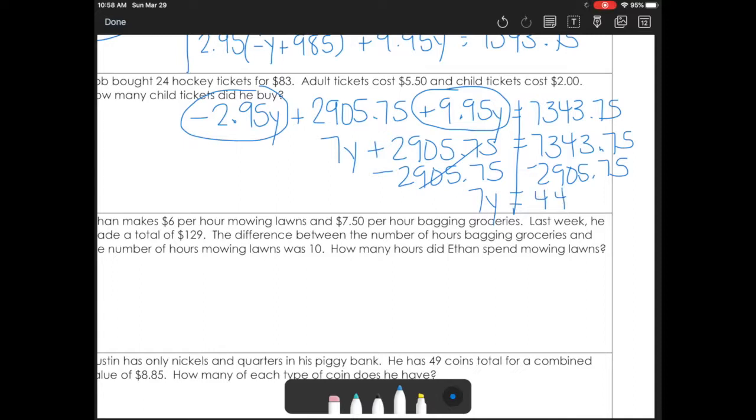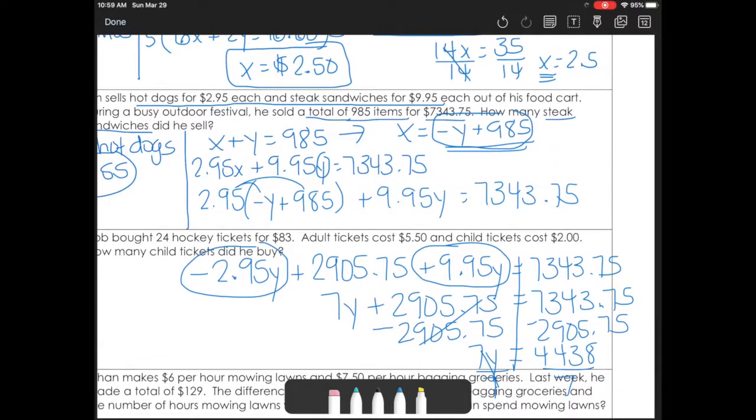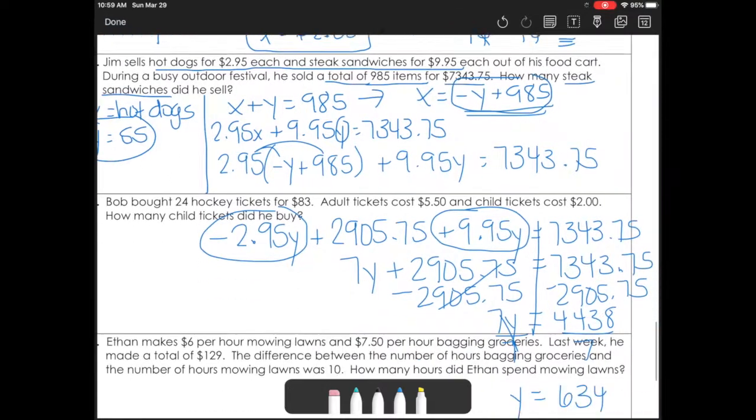Divide by 7. Holy moly, 634. Okay, what was this problem even about? Oh, how many steak sandwiches did he sell? Okay, he sold 634 steak sandwiches.